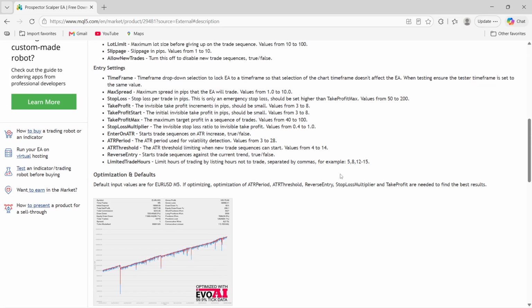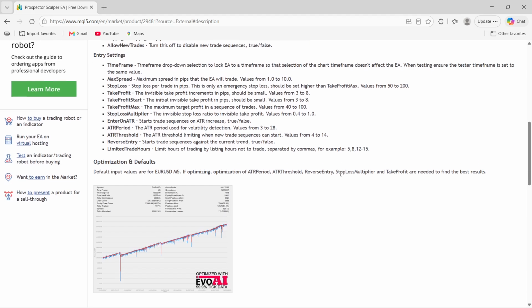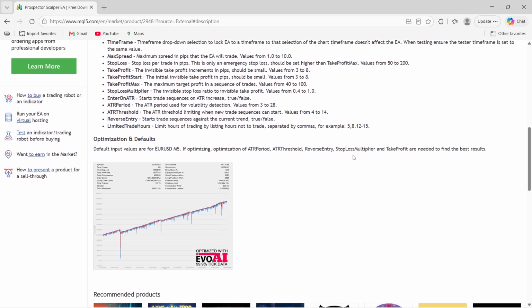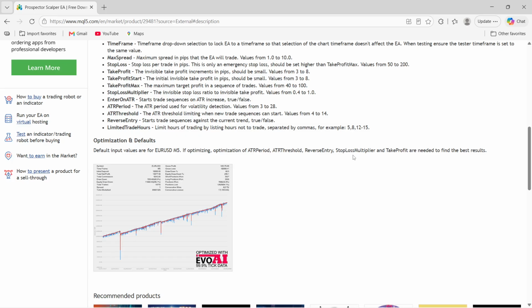So the EA is for experienced traders who enjoy optimizing, run it on a solid VPS with a good ECN broker, and are willing to monitor it as part of a diversified setup. Start very small. Beginners or people looking for true set and forget should probably pass. This needs attention and realistic risk expectations.